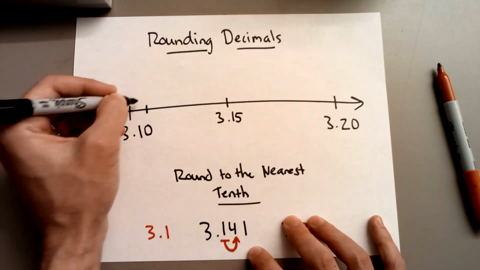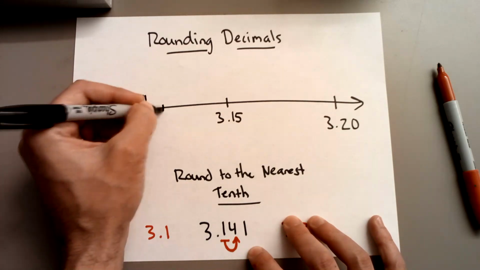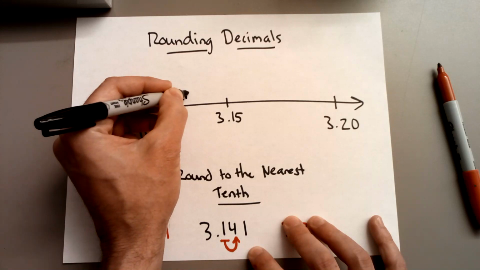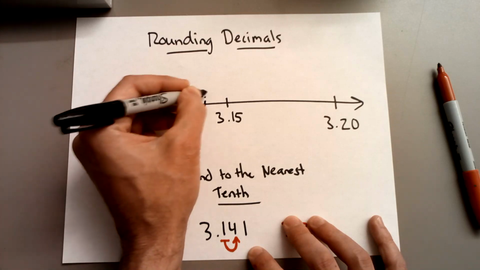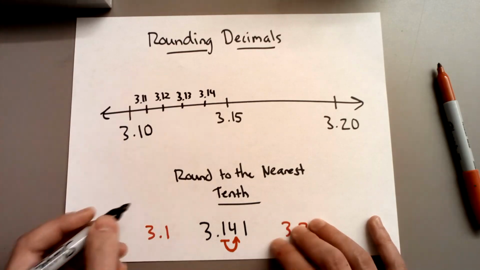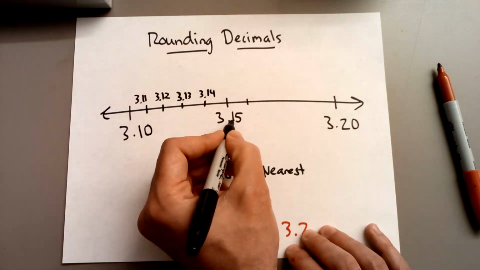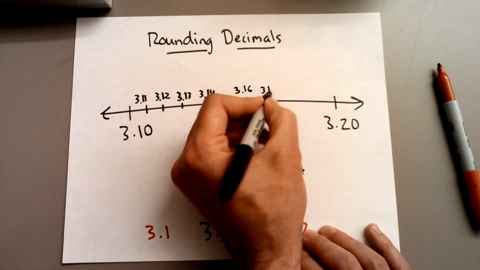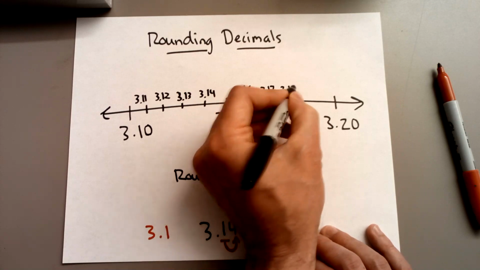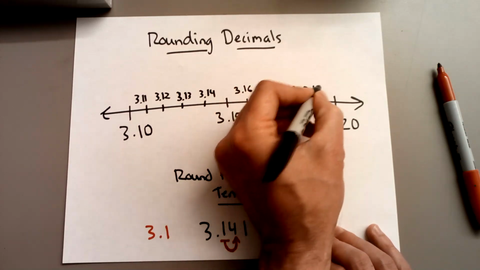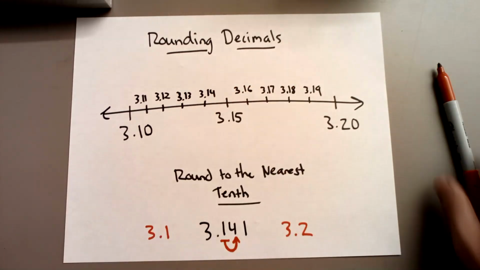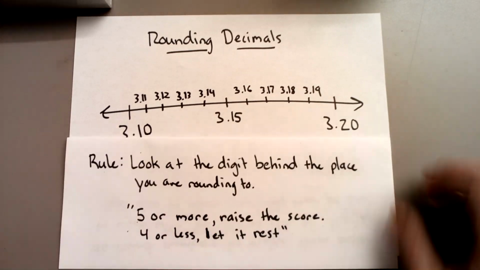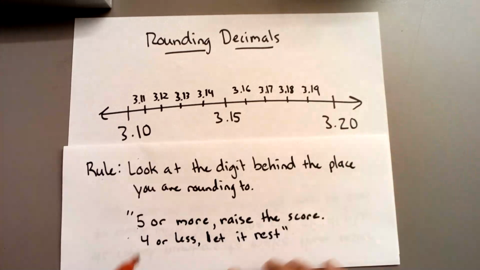So this would be 3 and 11 hundredths, 3 and 12 hundredths, 3 and 13 hundredths, and this would be 3 and 14 hundredths. 3 and 15 hundredths, this would be 3 and 16 hundredths, 3 and 17 hundredths, 3 and 18 hundredths, and 3 and 19 hundredths. So this is how this rule works. It's using a number line. I can show you why it works.